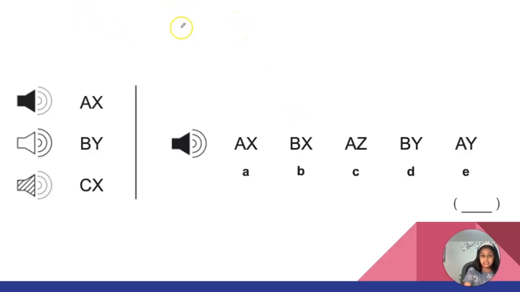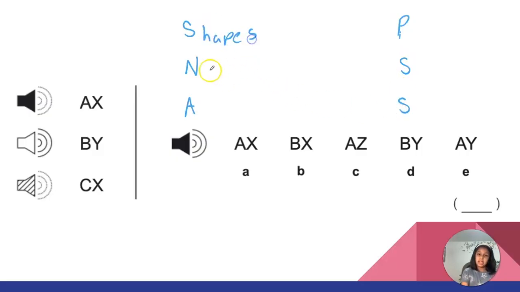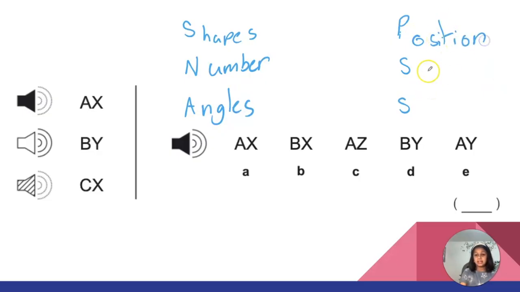It's a code called SNAPSS, with a double S on the end, because S stands for shapes, N stands for number, A stands for angles, P stands for position, and the next S stands for size, and the last S stands for shading.